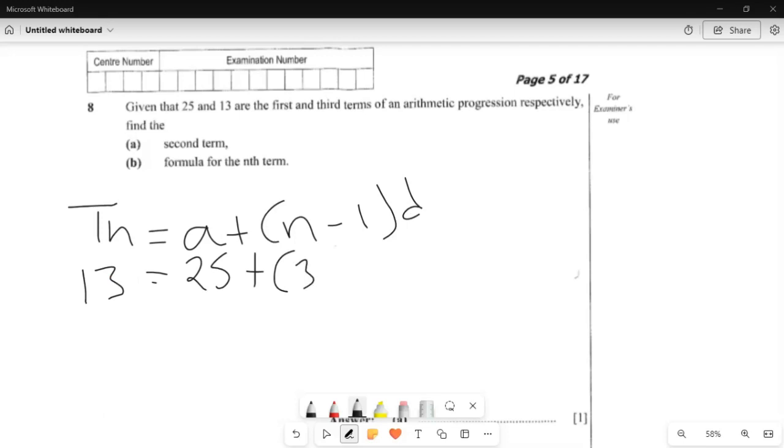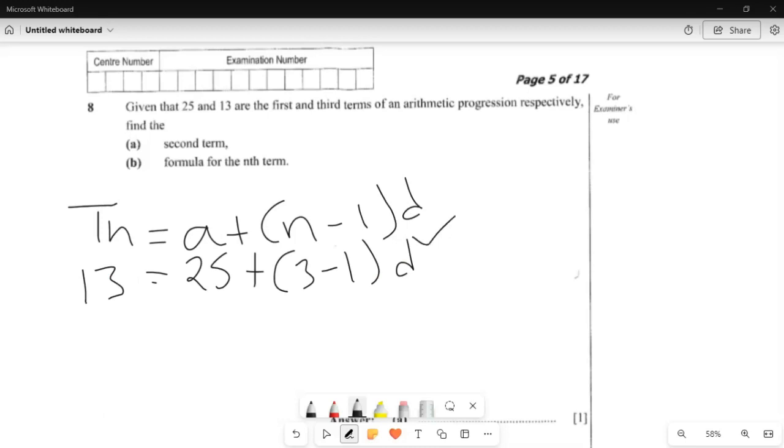They've said first and third term respectively, which simply shows that 25 is the first term, and automatically 13 becomes the third term. So 3 minus 1, d.